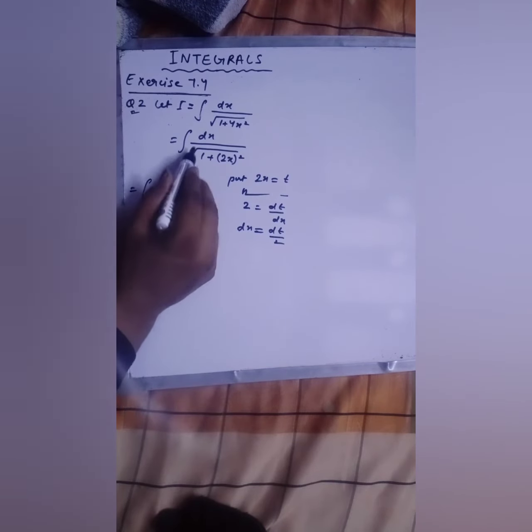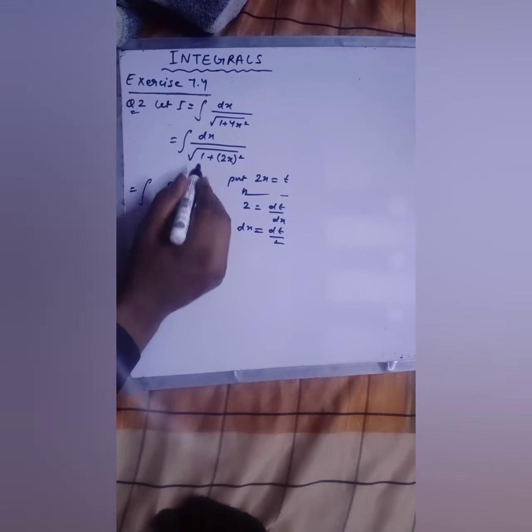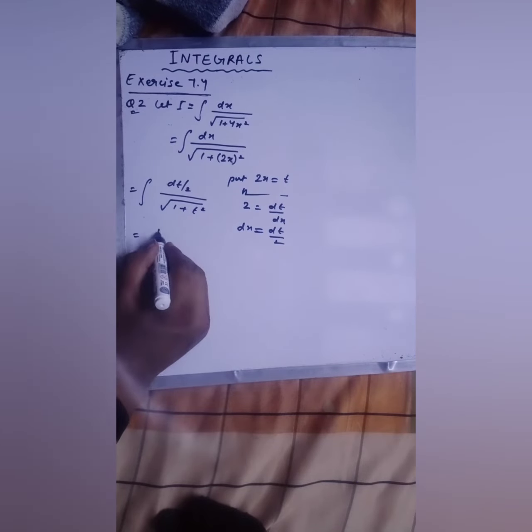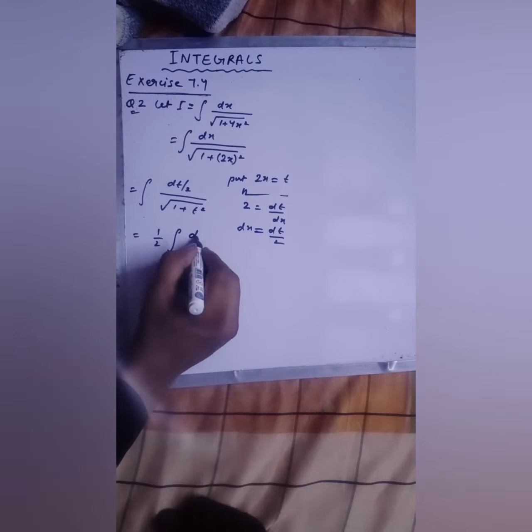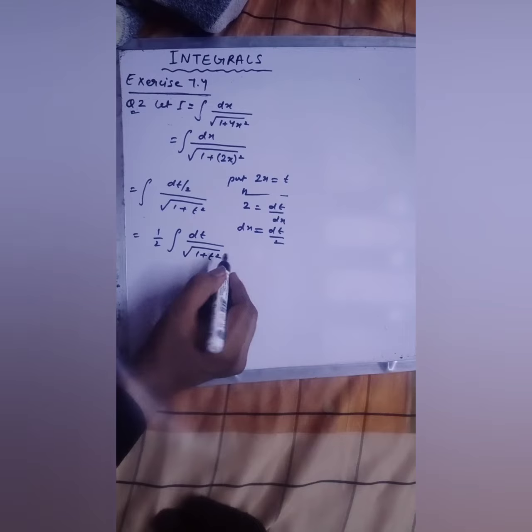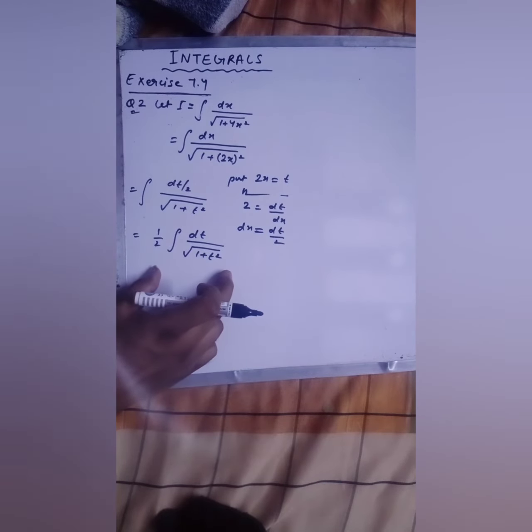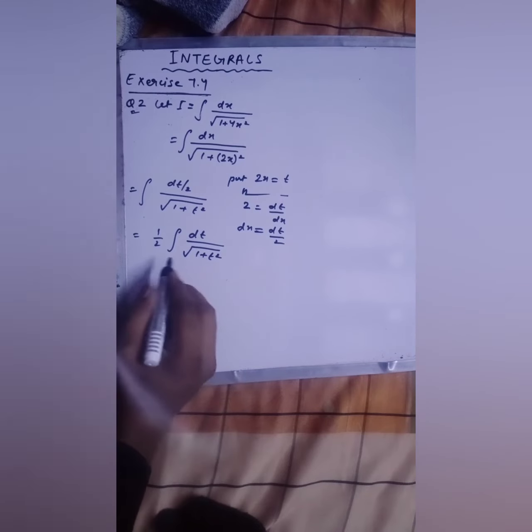So this dx is dt by 2 over 1 plus this 2x, which is t, so t square. So 1 by 2 will come outside and you will get dt over 1 plus t square, under root.